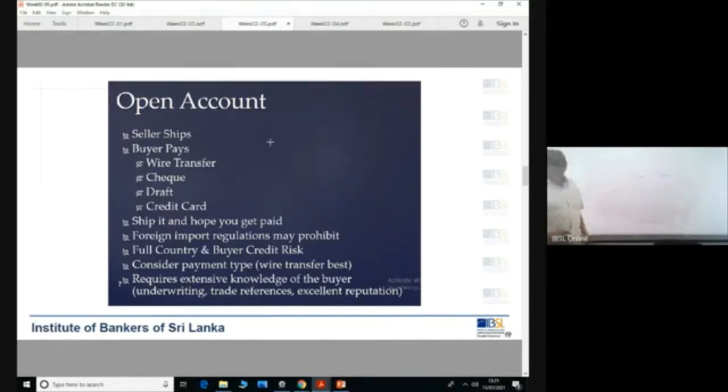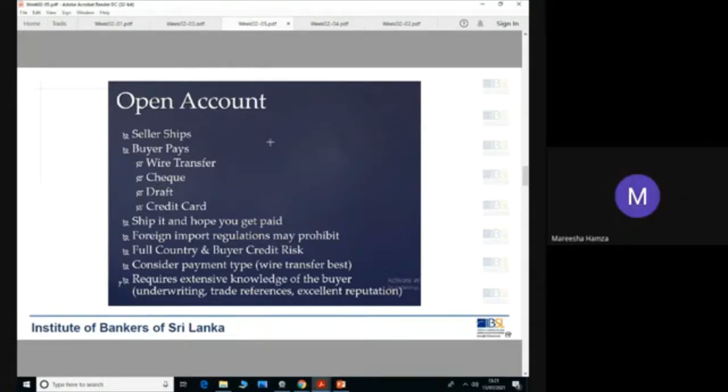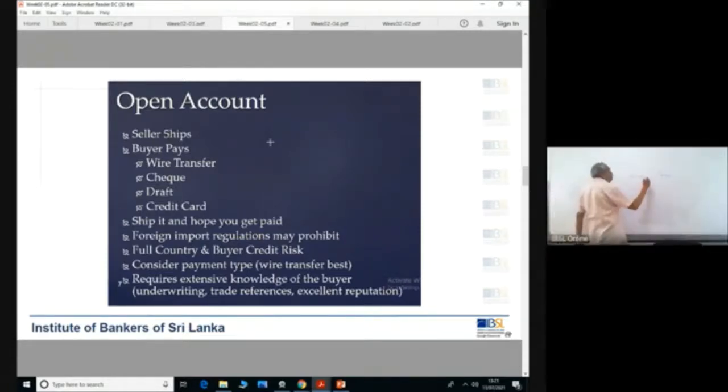Can you see the board? Yeah, sir. Right, okay. So between these two parties, we have a sales contract. The sales contract will be determined after certain discussions between the buyer and the seller, and they will choose the best payment method for it. Now they have selected open account.